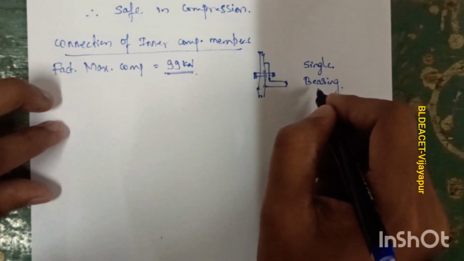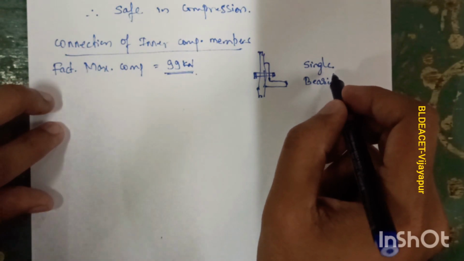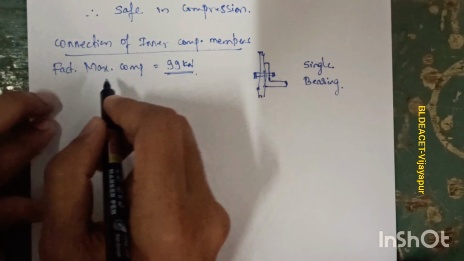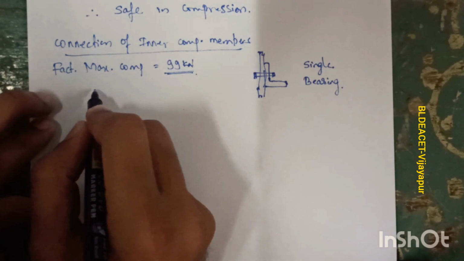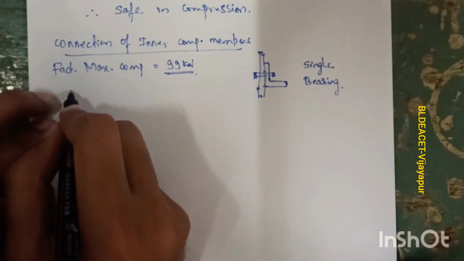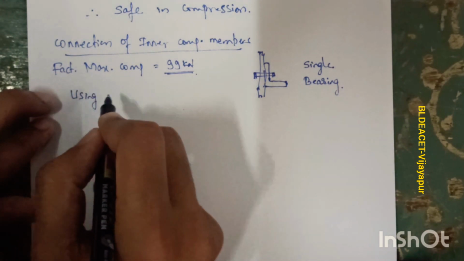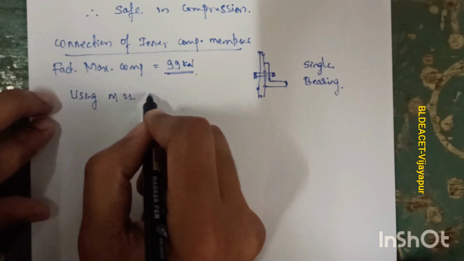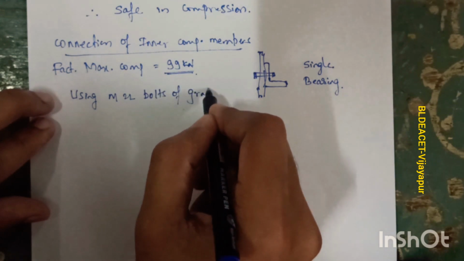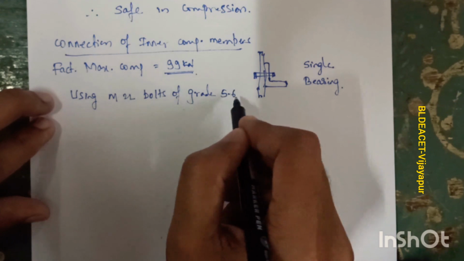Single shear and bearing. So the given data for bolt are: using M22 bolts of grade 5.6 or 4.6, whatever.